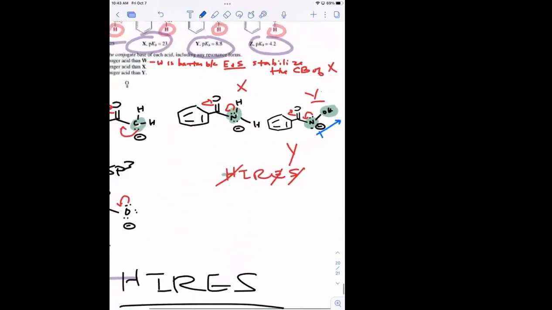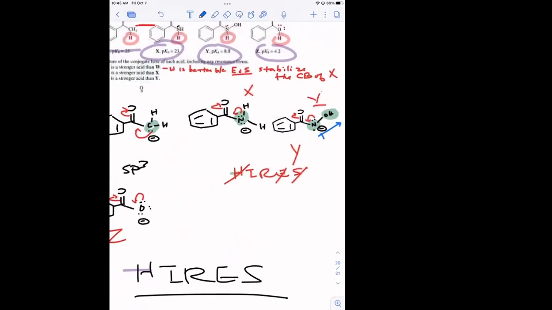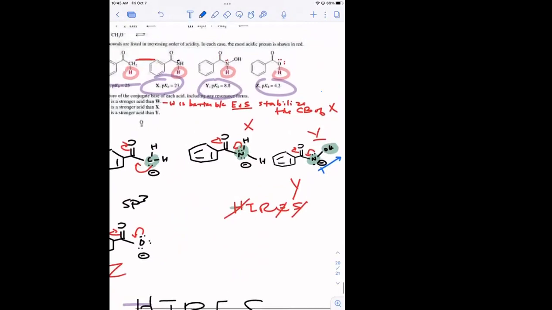So how do we answer that question about Y, which has a pKa of 8.8, and X, which has a pKa of 23? Y is a better acid than X because its conjugate base is stabilized by resonance and induction. Conjugate base, excellent.